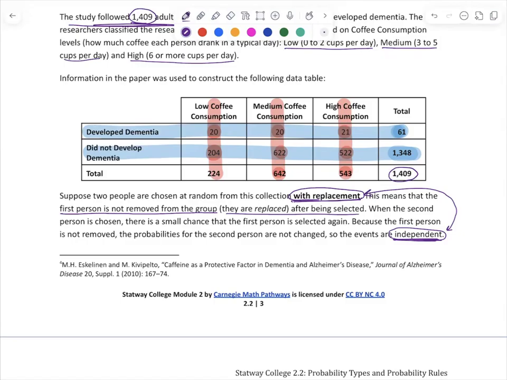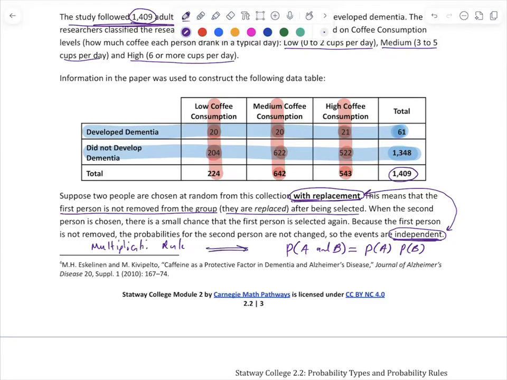So why is it important? Because when we have independent events, we can use the multiplication rule. The probability of A and B is the probability of A times the probability of B. Multiplication rule applies here.